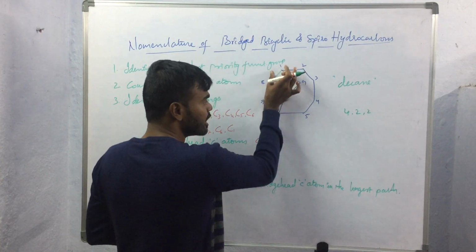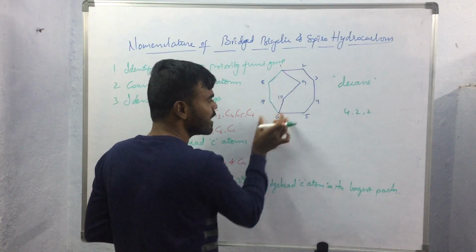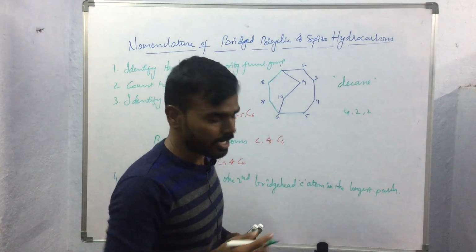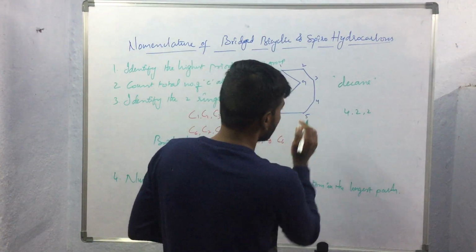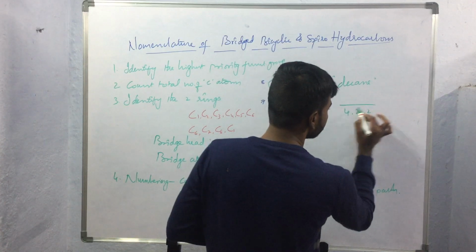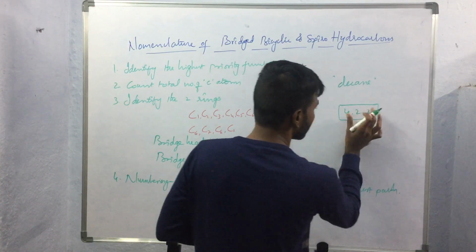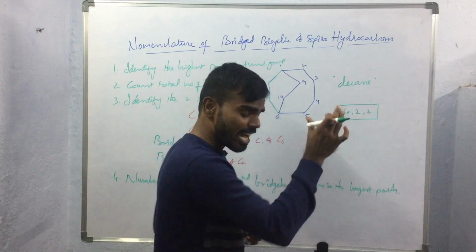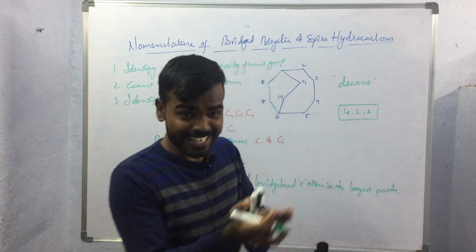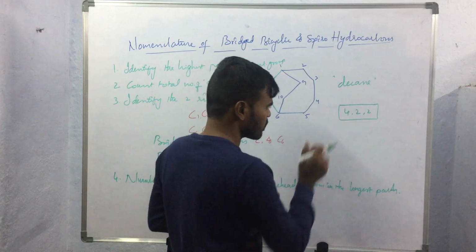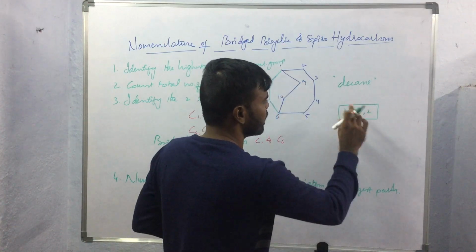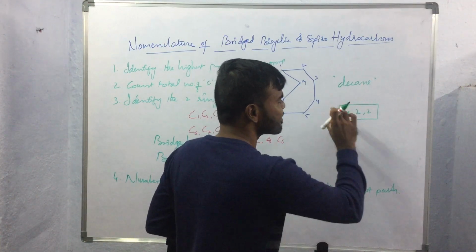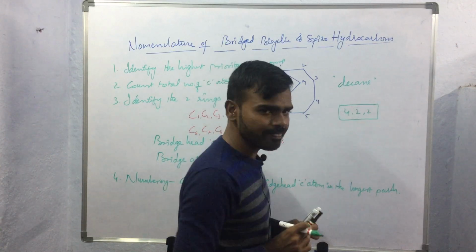The bridgehead carbon atoms are excluded. Now, after counting these numbers of carbon atoms, these have to be arranged in descending order. If we arrange these in descending order, the same order will come.